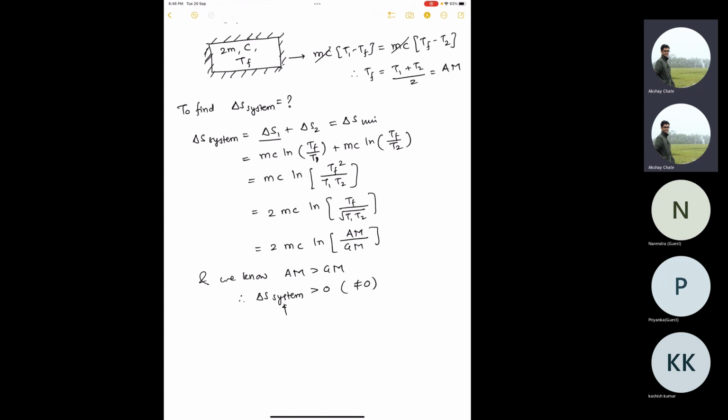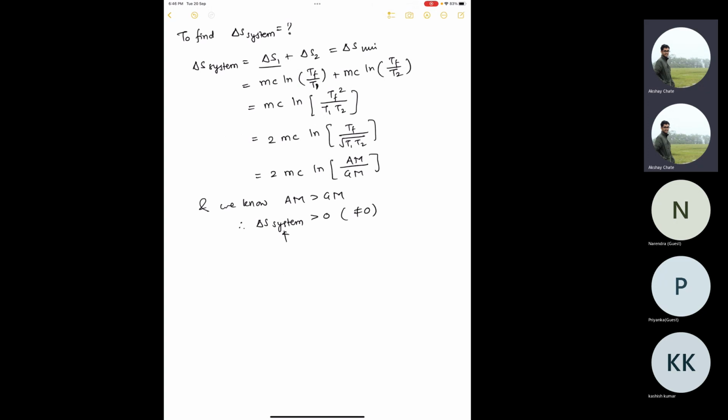Therefore, this is an exercise which proves mixing of two fluids is an irreversible process. So I think some of you may remember we studied internal irreversibilities and external irreversibilities.